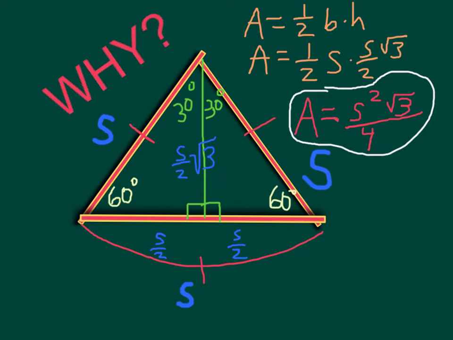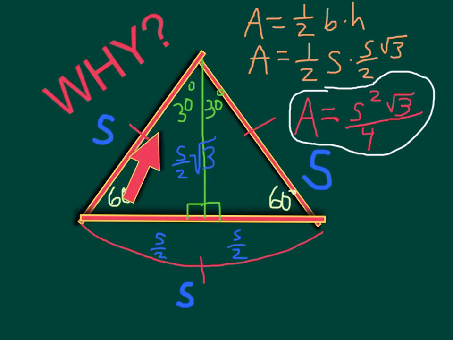The side across from the 90 is S. The side across from the 30 is S over 2.